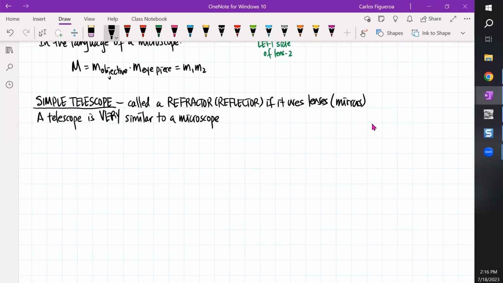What does a telescope do? It takes tiny objects, stars in the sky, and it tries to magnify them, just like a microscope. So a microscope and a telescope are effectively the same thing. But there is a difference here.